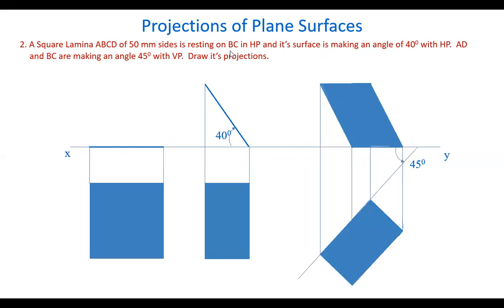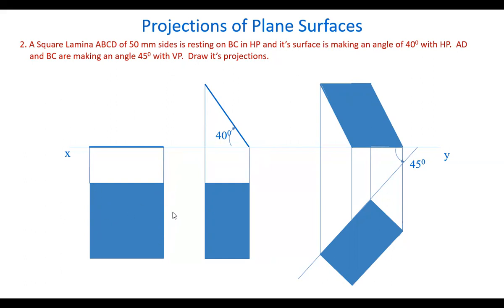Now, BC is in HP. Some edge of the plane, edge BC, is in HP. That's why we take one edge. This edge is resting in the horizontal plane. Next, AD and BC. If you observe, this is one edge, we may call it AD, and this will automatically be BC.